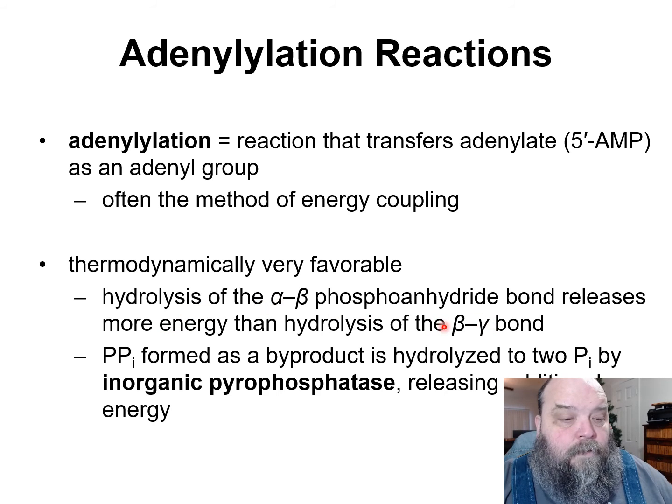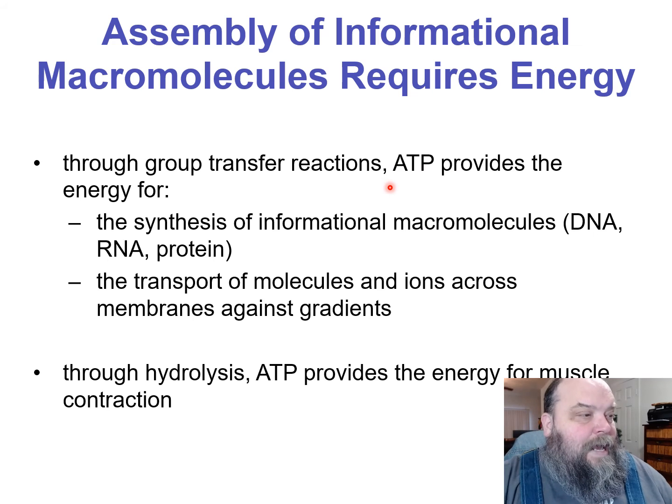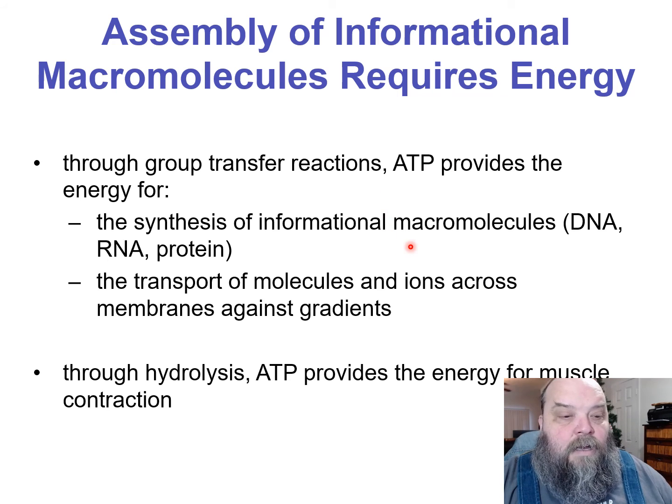Cutting off the beta and gamma releases a lot of energy, a lot of energy that then can be used elsewhere in the cell. ATP provides energy for the making of the macromolecules, the DNA, the RNA, the proteins.